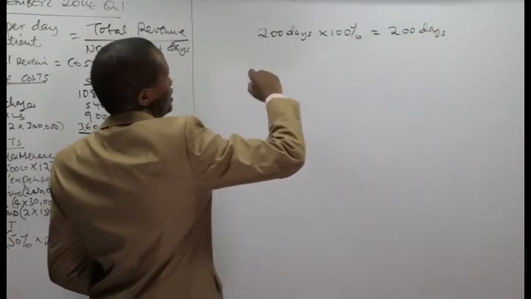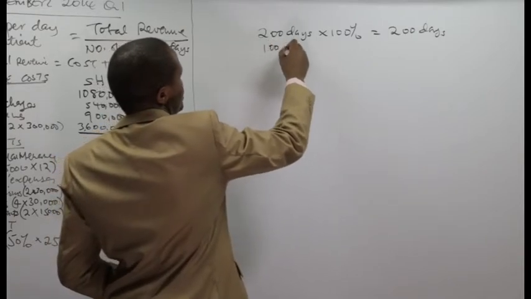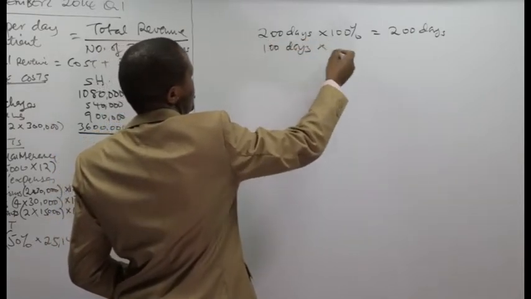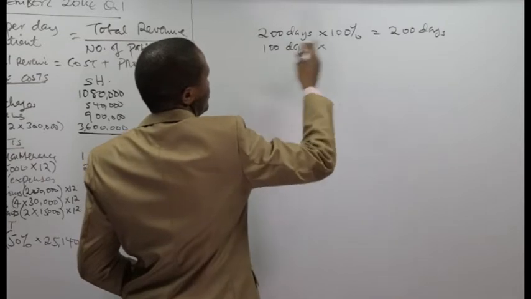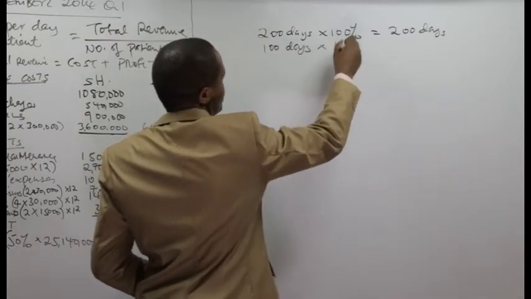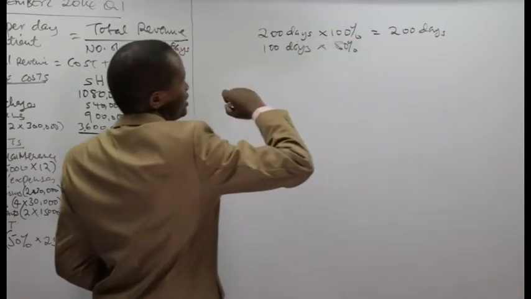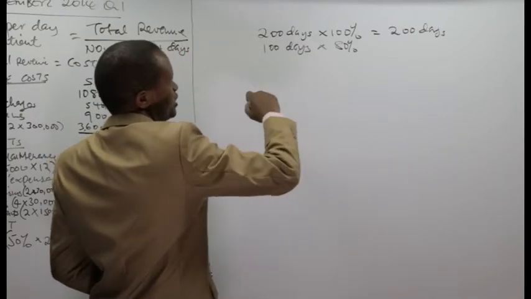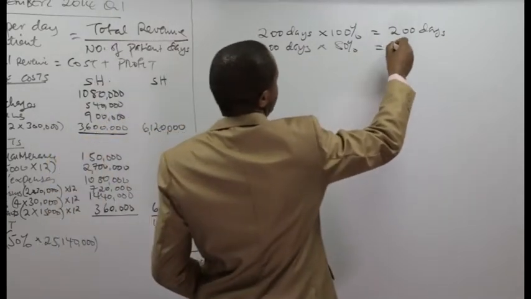Then for the remaining 100 days, the occupancy was 80%. So 80% of 100 days, we have here 80 days.